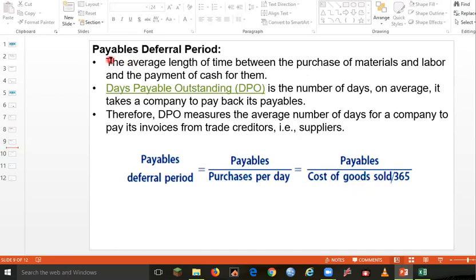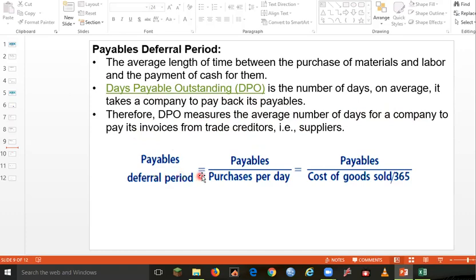The next thing is payables deferral period, which is also called days payable outstanding, DPO. The average length of time between the purchase of material and labor and the payment of cash for them. DPO is the number of days on average it takes a company to pay back its payables. Therefore, DPO measures the average number of days for a company to pay its invoices from trade creditors, that is, suppliers.